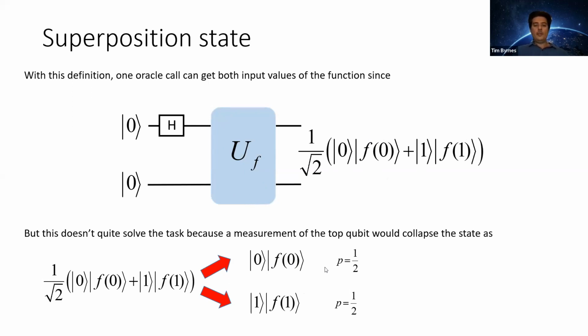You do it once, perhaps you get the f equals 0 result, and then you do it another time and get the f equals 1 result, if you're lucky. If you're unlucky, you keep on getting f of 0 all the time, and it's actually worse than the classical case. So this is basically the problem of doing it this way. This approach doesn't really work.